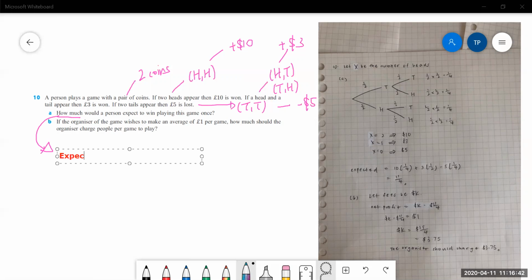Expected profit is equals to expected revenue minus cost. So is it asking for the profit, revenue, or what? Is it asking for the expected profit or expected revenue? Minus cost yet or not?